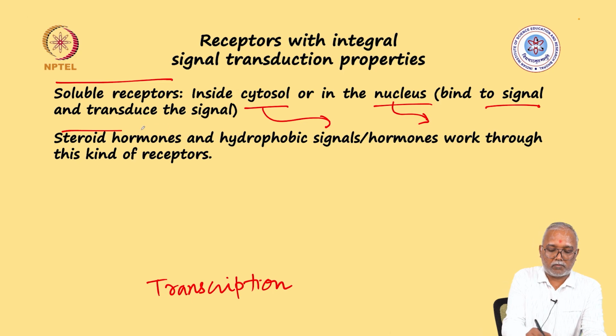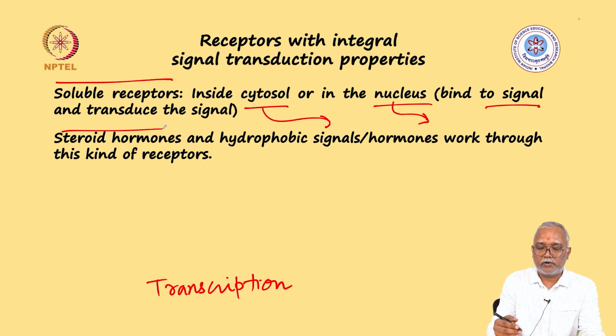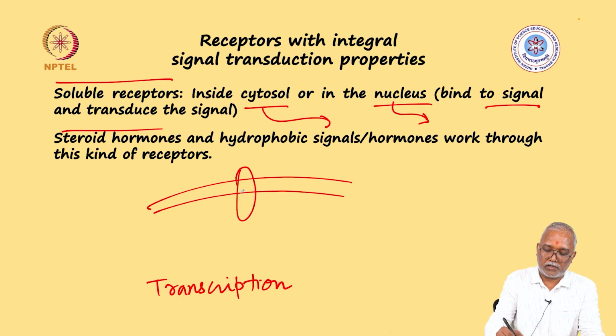Most of the steroid hormones which we know, or the hormones which are not steroid in origin but do not bind to a receptor on the cell surface, rather they have some sort of transporter on the membrane, and that allows the entry of the hormone.